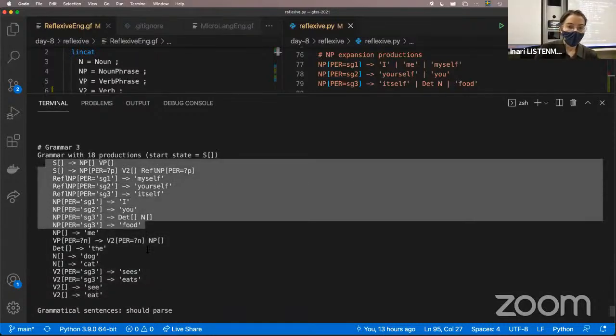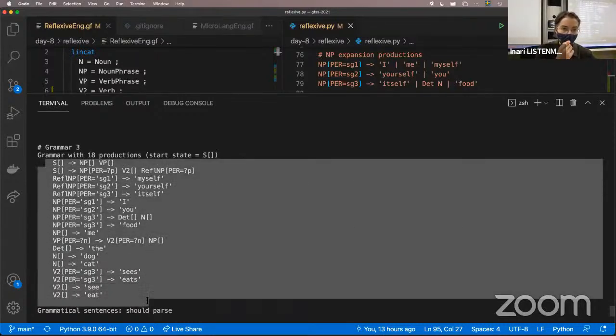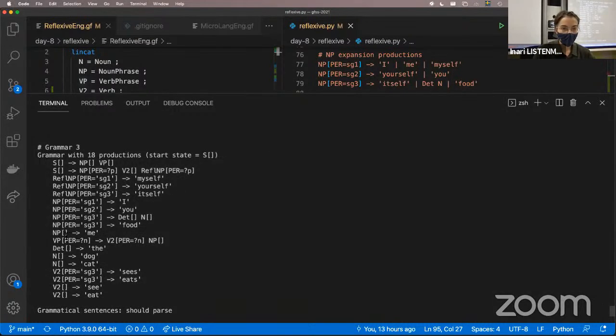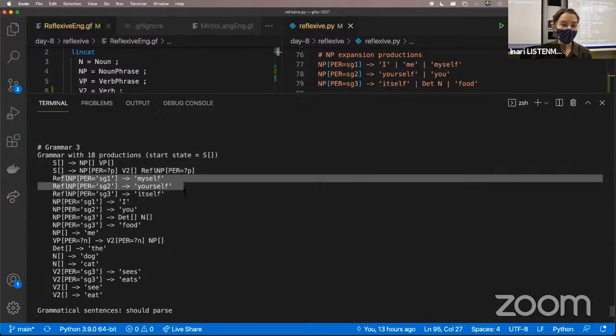So that's how the grammar looks at the moment. We have two ways to make an S. One is the standard one with NP and VP. And the other one is the special reflexive construction, where we have a V2 and a refl NP. And then refl NPs are these things.